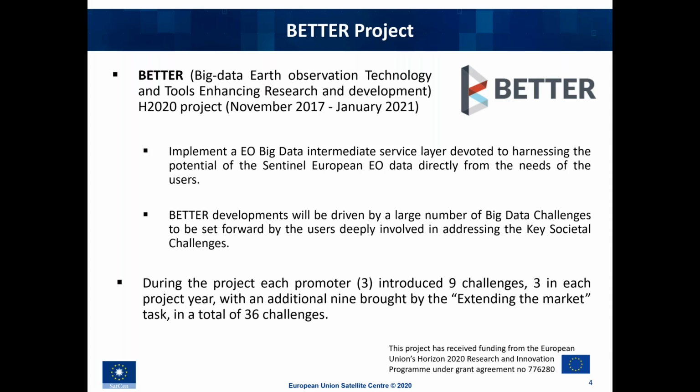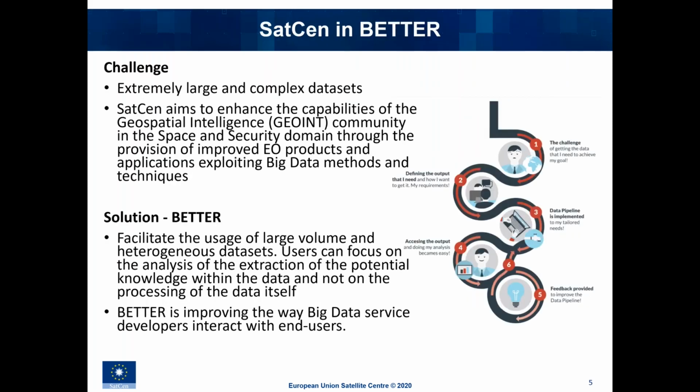During each year of the project, each community introduced 3 challenges, and there are also challenges brought by external communities. To summarize, during the project, 36 challenges have been solved. A challenge is normally generated by the need of a community to process a big amount of data.